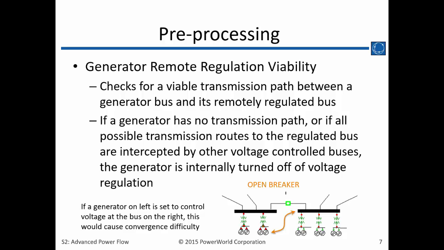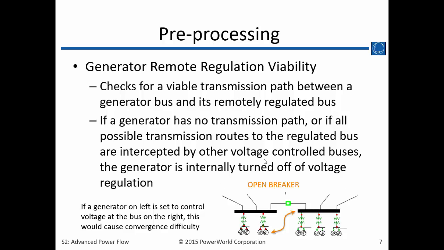It checks to make sure that a viable transmission path between a generator bus and its remotely regulated bus exists. If a generator has no transmission path, or if all possible transmission routes to the regulated bus are intercepted by other voltage-controlled buses, the generator is internally turned off of voltage regulation. So here you might see, for example, if these generators are regulating the voltage over here, but this bus tie is open, the only path it would have would be to go out through the system and come back.